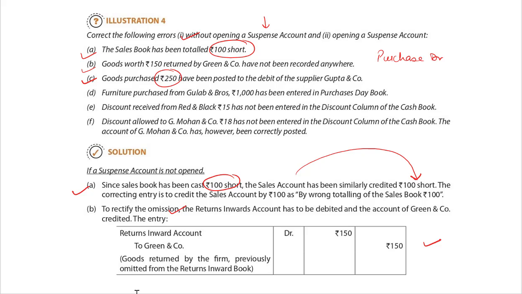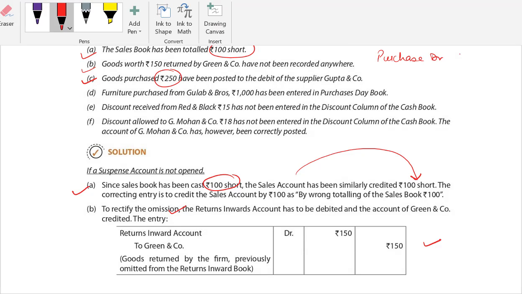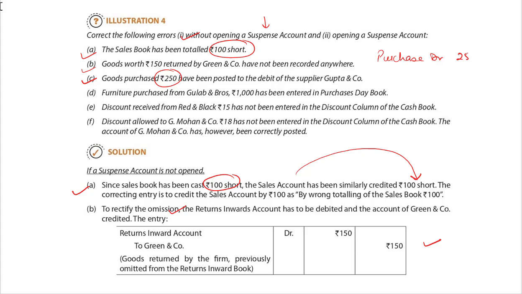So by mistake we have debited Gupta and Company. As you can see in C point, we need to debit purchase account 250 and we need to credit Gupta and Company. Instead of crediting Gupta and Company, we had debited Gupta and Company 250.